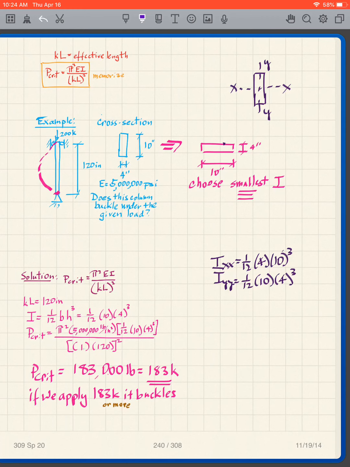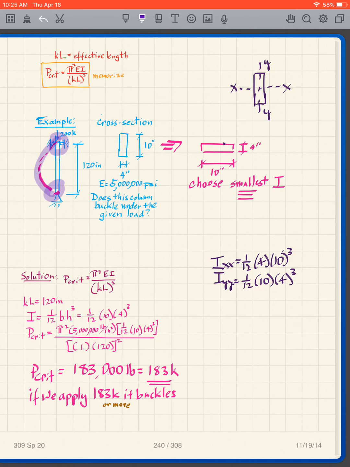All right, so how do we work this? How do we work a problem that we're given? Suppose I have a column. It's loaded 200 kips. It's pinned at the base. It's free to rotate at the top.